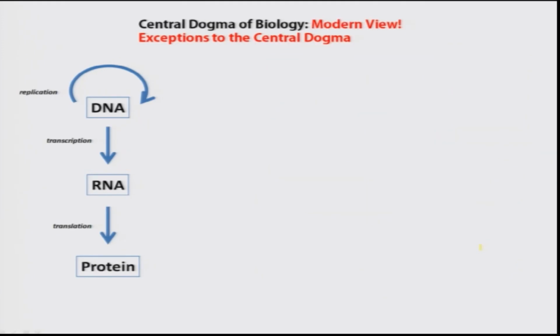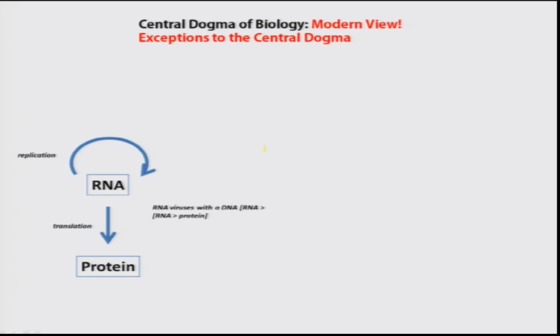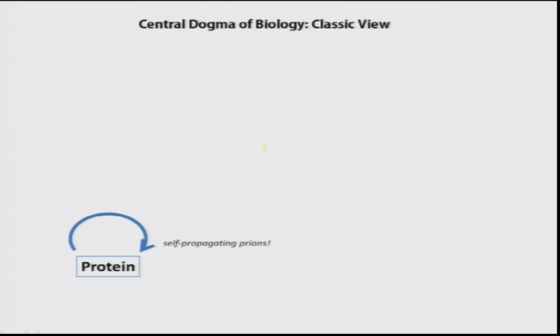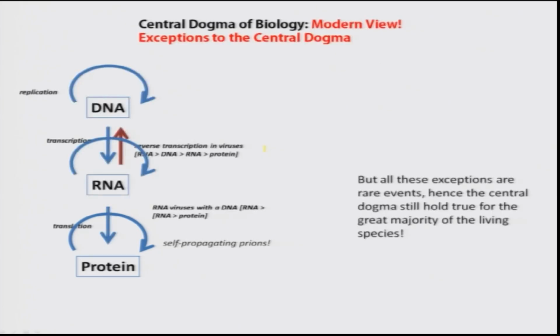There are exceptions, probably most of you are aware of them, what is called the modern view of central dogma, that we discussed in the previous lectures. You also have a reverse process, what you call reverse transcriptase, which converts an RNA into DNA, and there are viruses that exist in RNA form, with an RNA genome, and there are also proteins that are self-propagating, meaning they can make their own copies and so on.